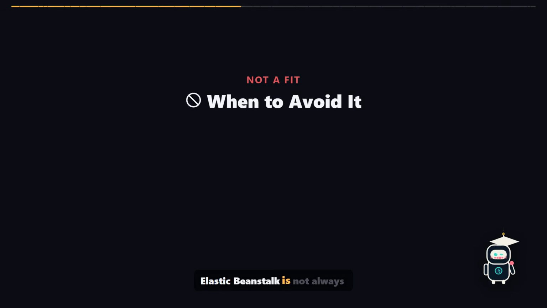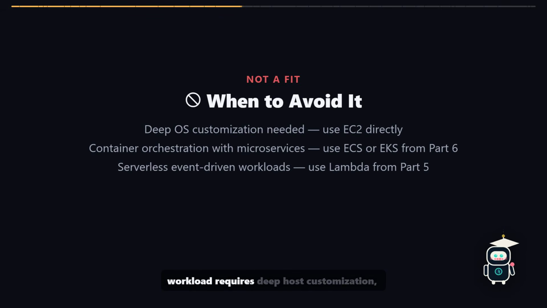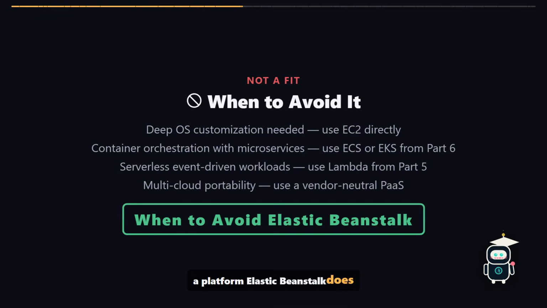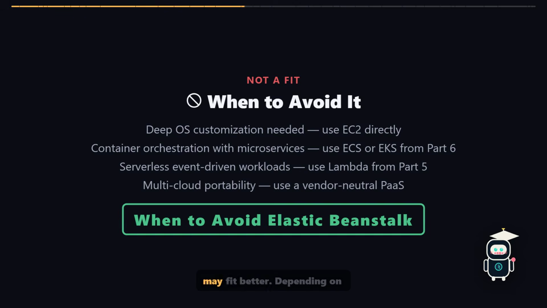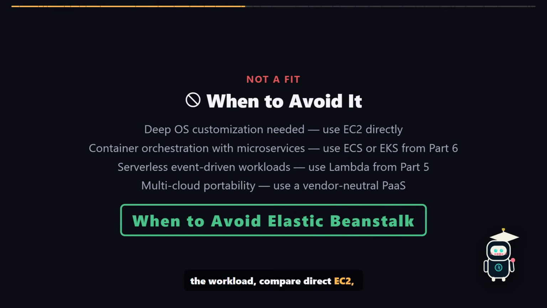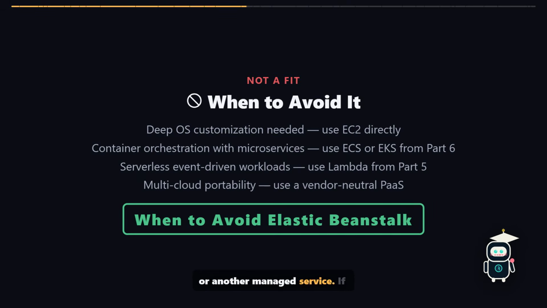Elastic Beanstalk is not always the right tool. If your workload requires deep host customization, a platform Elastic Beanstalk does not support, specialized hardware, or a complex container platform with advanced orchestration patterns, another service may fit better. Depending on the workload, compare direct EC2, ECS, EKS, AWS App Runner, or another managed service.